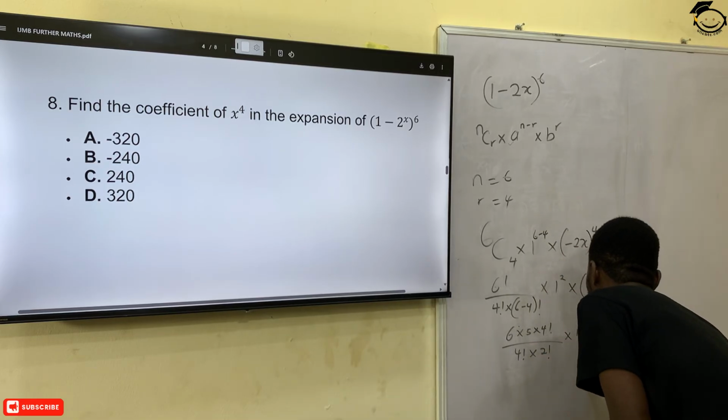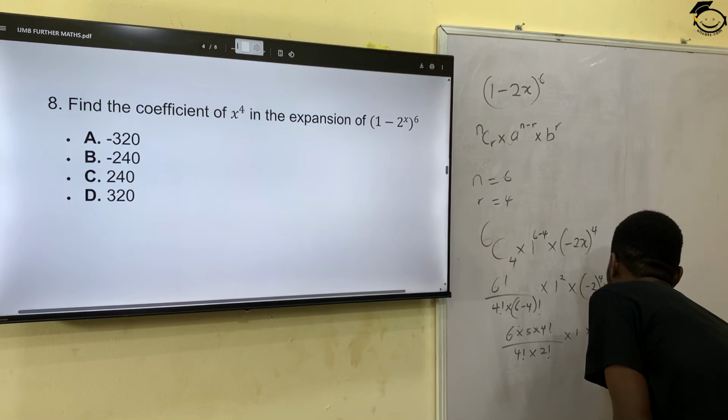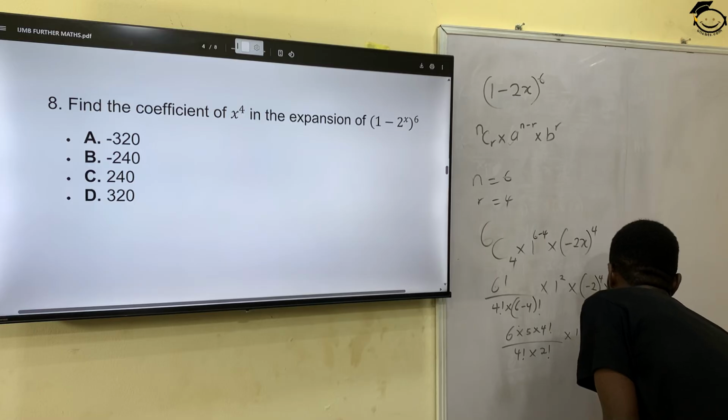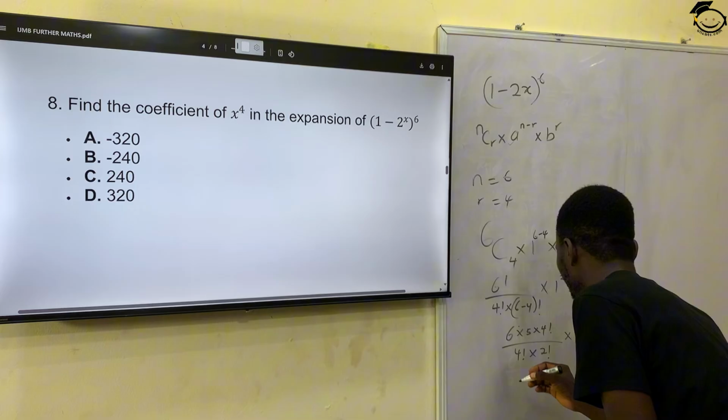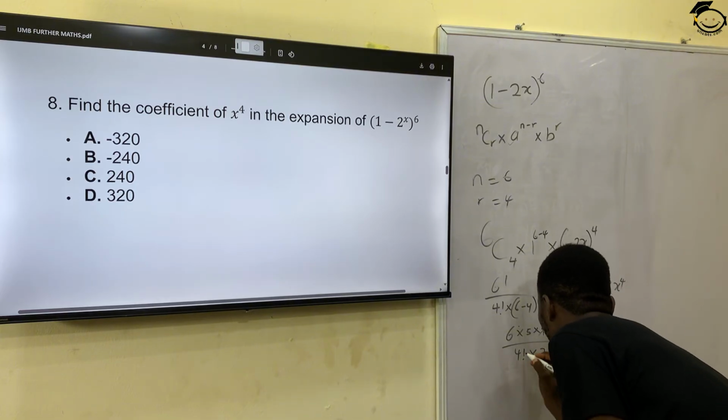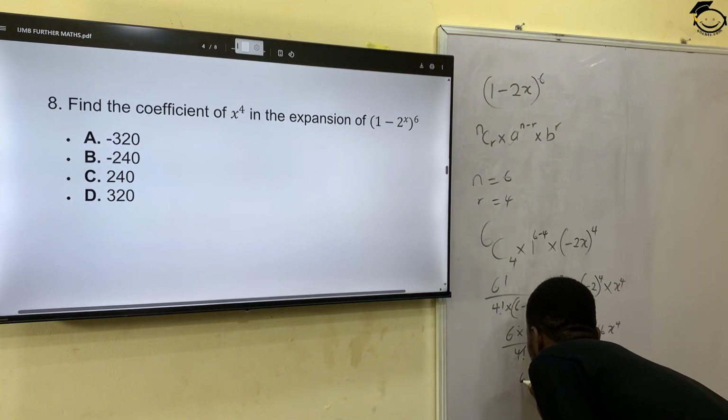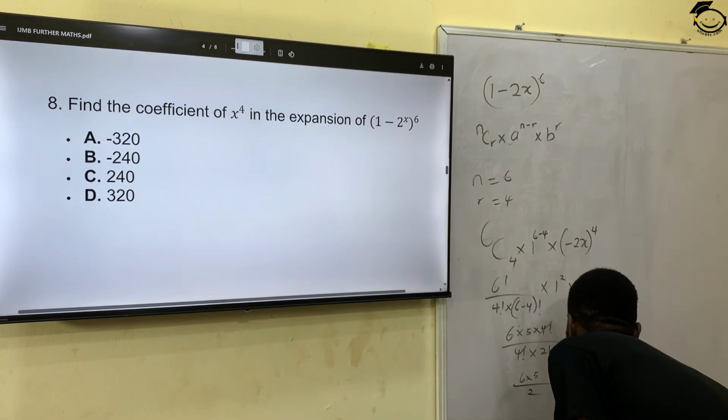This is times 1 times 2 raised to power 4 here will give me 16 times x raised to power 4, that is 16x raised to power 4. So 4 factorial will cancel out 4 factorial. So I have 6 times 5 all over 2 times 16x raised to power 4.